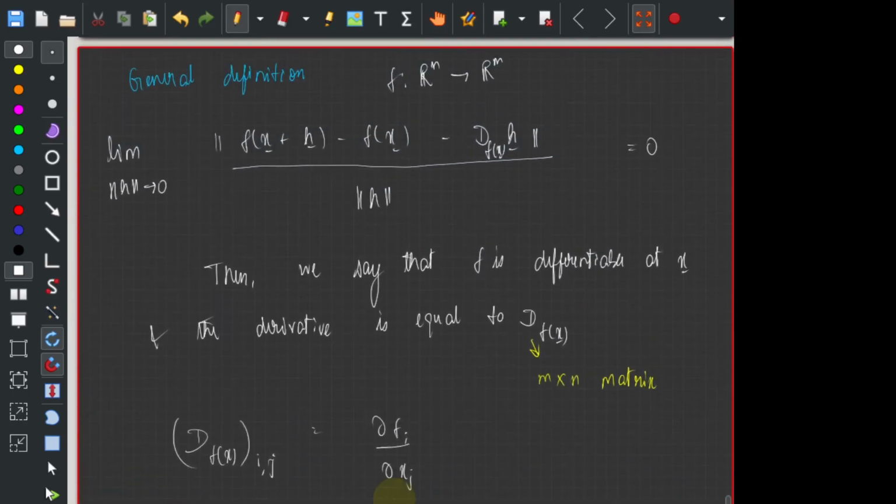So again, can you verify that if f is a function from R to R, then this reduces to the standard derivative? Would you agree? Yes, you would agree. If f is a function from Rn to R, so m is equal to 1, what does this reduce to? Not exactly the gradient, it's going to be the transpose of the gradient. Typically, you take the gradient to be an n by 1 vector, though again it depends on how you define it. But typically, you take the gradient to have the same dimension as x, whereas in this case, it's going to be a 1 by n vector.